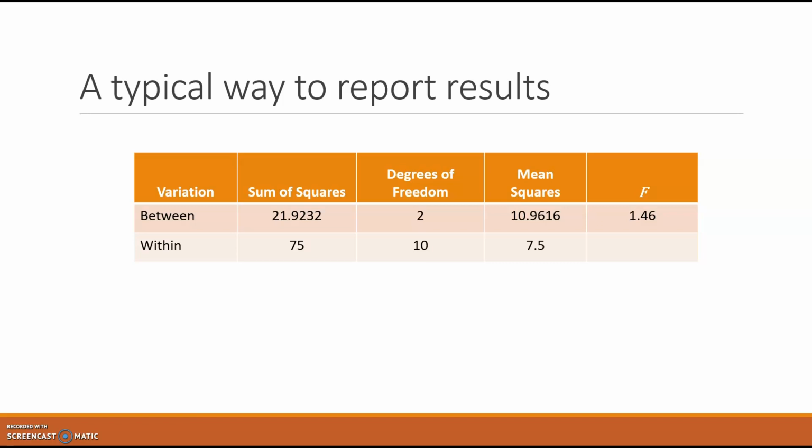Therefore, you could find the mean squares by dividing the sum of squares by degrees of freedom, and then between divided by within gives you the F ratio. Now, what you're also going to want to do if you're calculating these is you're probably going to want to have the total sum of squares and the total degrees of freedom, and to know what n is, little n, the total number, that sort of thing. But this is basically what you can use to report results, and it's also what you're going to use to do the homework.